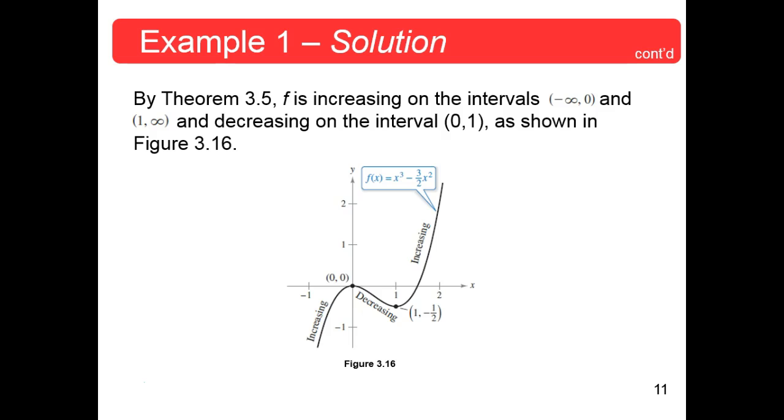From minus infinity to 0, increasing, from 0 to 1, decreasing, and from 1 to positive infinity. It doesn't matter what it's doing up there, x is going to positive infinity. Increasing again. Make sense? The figure makes perfect sense. Any questions on that?